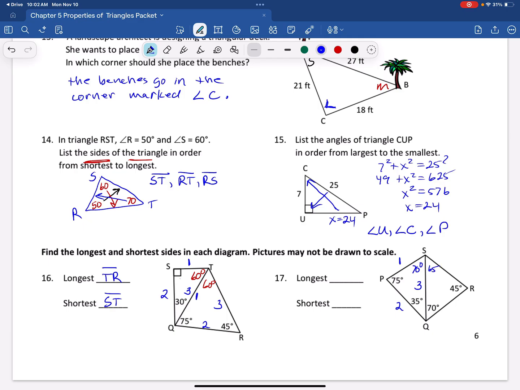So that must mean that this is the shortest, this is the medium, and this is the longest. So the longest side of these two triangles has got to be SR, because the longest side of the SPQ is the shortest of SQR. So that must mean SR is the longest, which would put PS as the shortest.